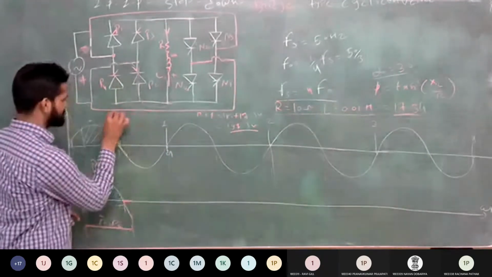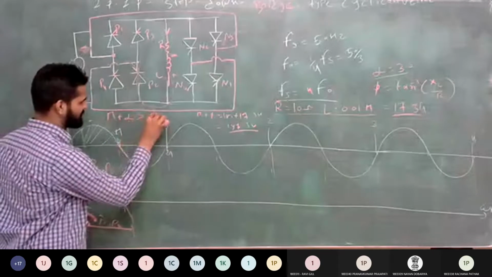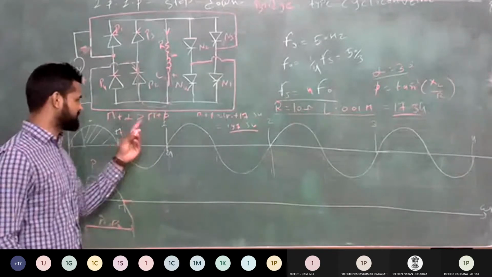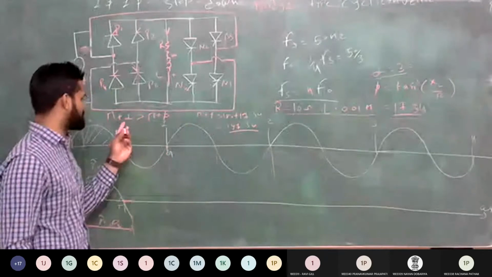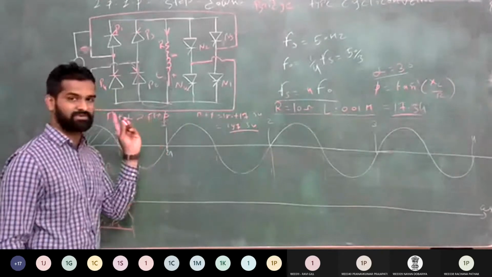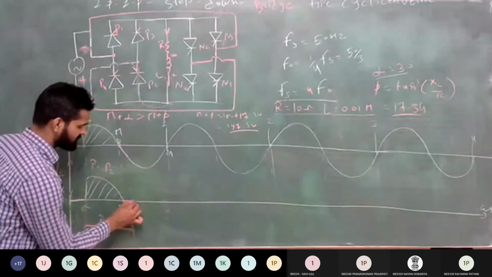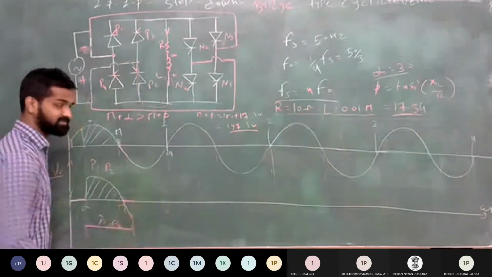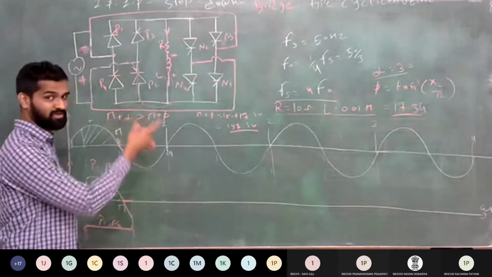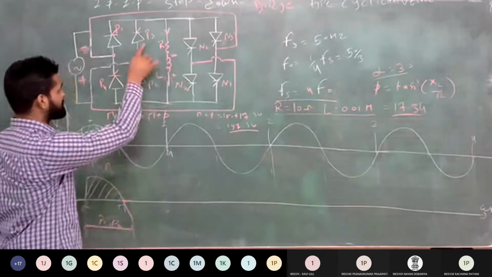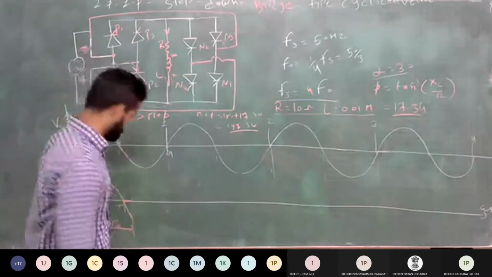Here your pi plus alpha is greater than pi plus phi. You can see alpha is 30 degree, phi is 17.34 degree. So this is the condition of pi plus alpha greater than pi plus phi. It means when at pi plus phi the current flow becomes zero, after some time at pi plus alpha, that is 210 degree, the P3 and P4 thyristors are gated and will turn on.